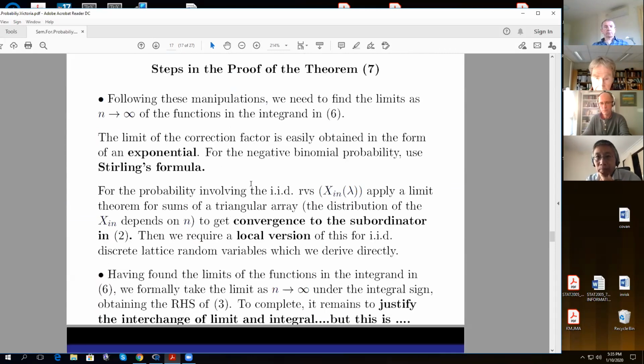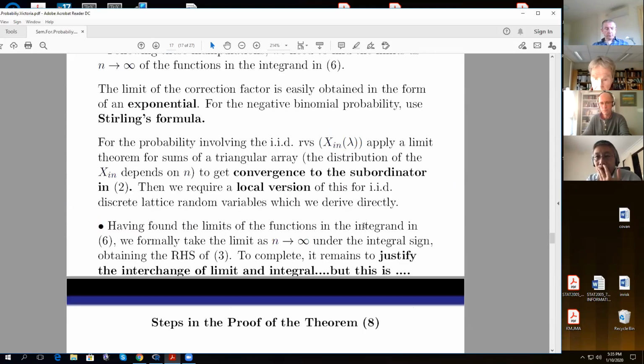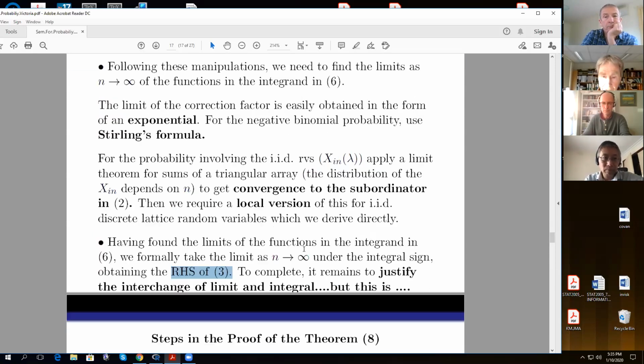So we have found the limits of the functions in the integrand. We have to take the limit under the integral, and when we do that, we will indeed get the formula in number 3. So all we have to do is justify taking the limit under the integral.